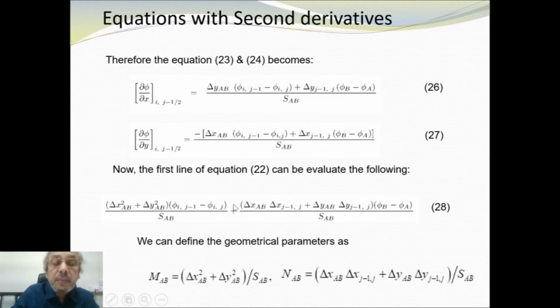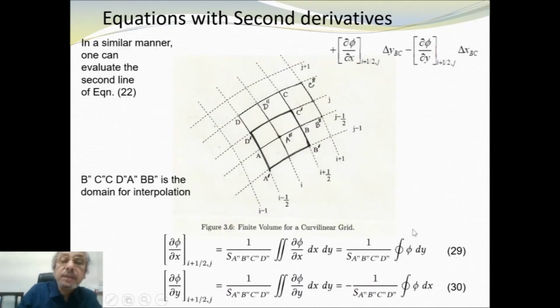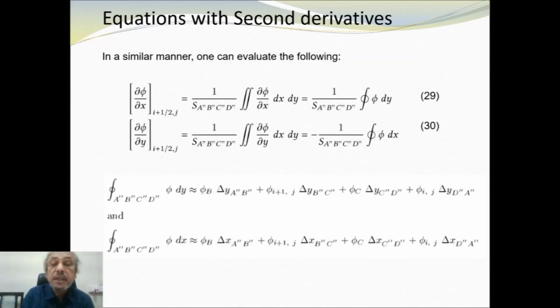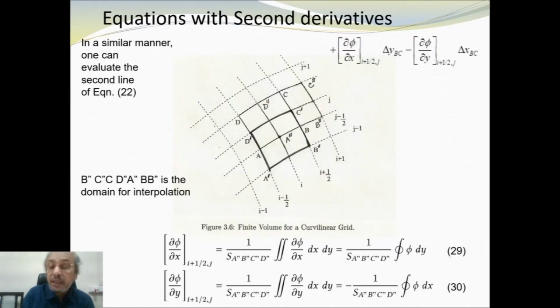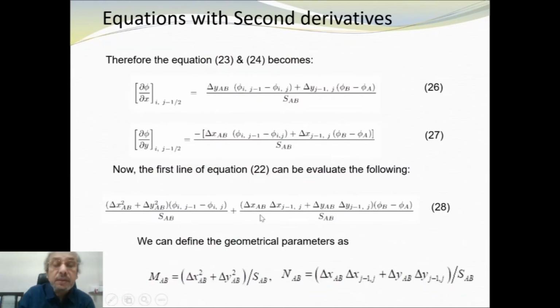The sum of these two is equation 28. So equation 28 is basically the evaluation of the first line of equation 22.